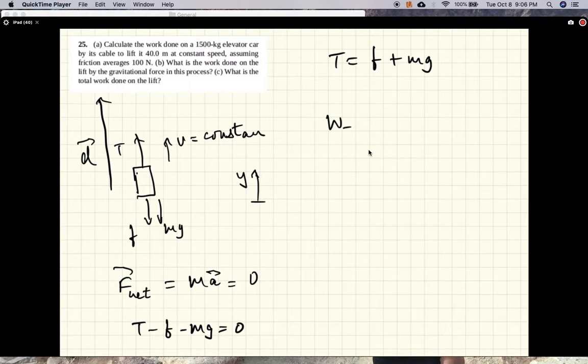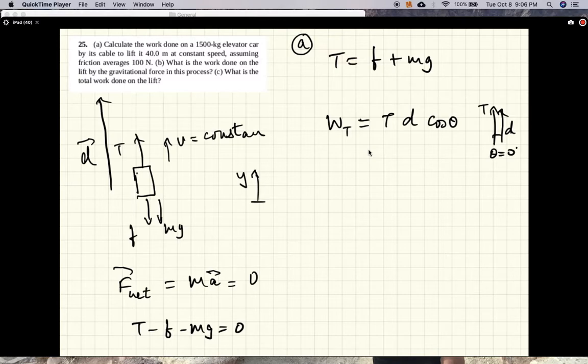Now the work done by tension. So this is part A, tension times d times cosine 0. The angle between the tension and the displacement is 0 degrees.